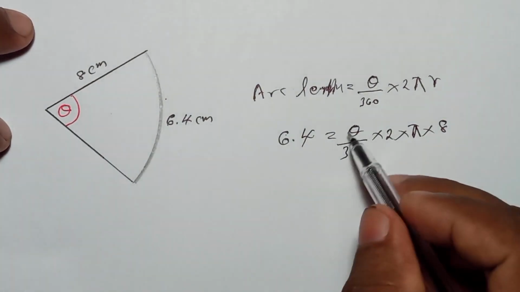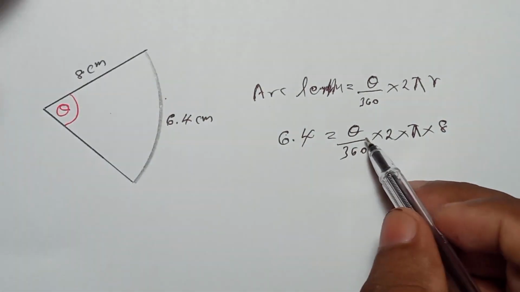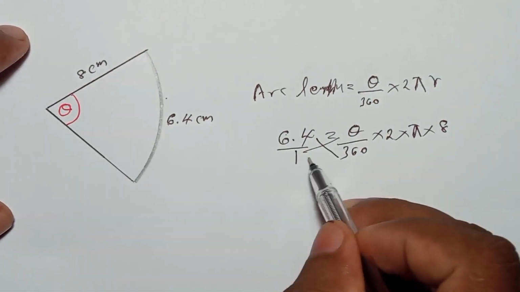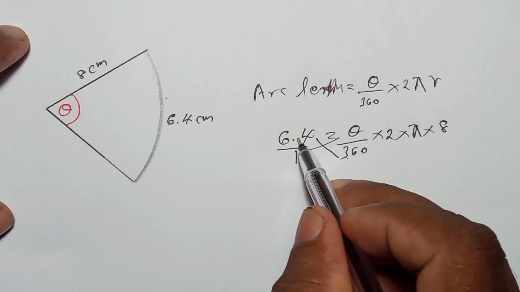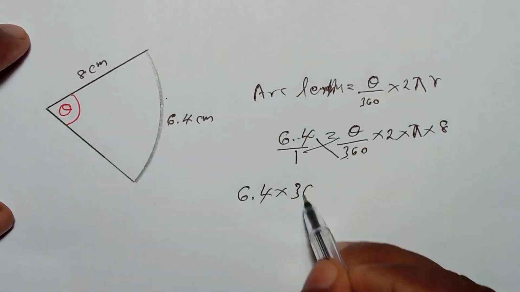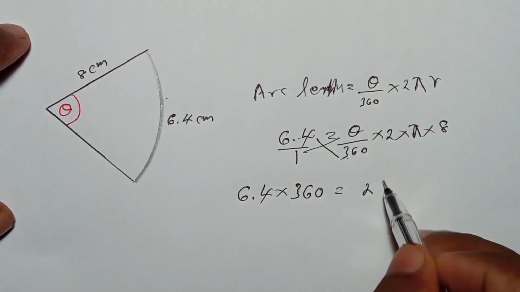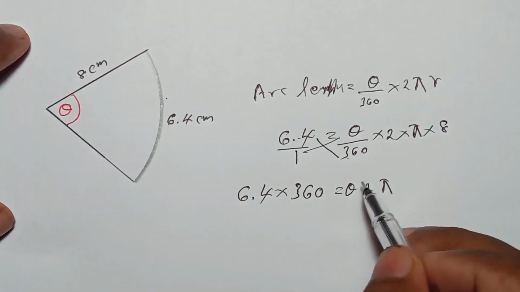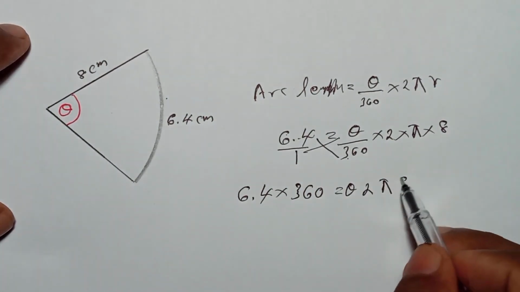Okay, now we need to get theta. How to get it? If you apply cross multiplication here, you can think of it as having 1 there, so 360 times 6.4 equals theta times 2 pi r, 8.